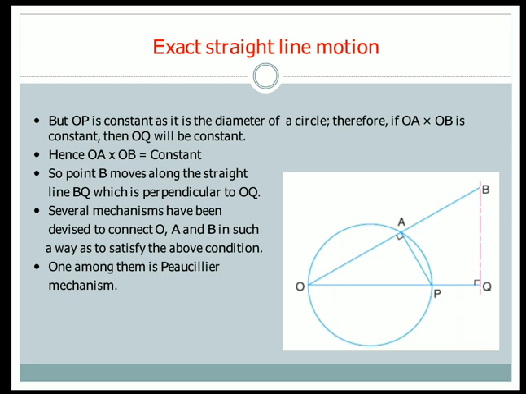The point B will plot a straight line along BQ which is perpendicular to the line OP. So point B moves along the straight line BQ which is perpendicular to OQ. Several mechanisms have been devised to connect A and B in such a way as to satisfy the above condition. One among them is Peaucellier mechanism.